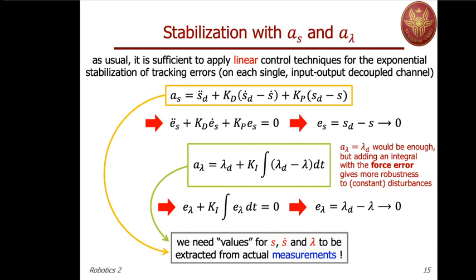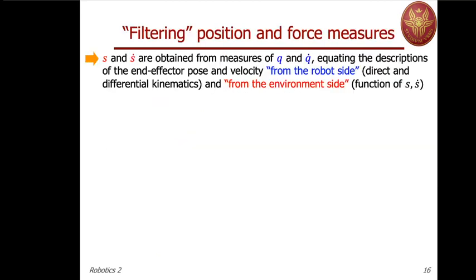So from these quantities, we should extract the actual values of S, S dot, and lambda. And by doing this, we will also filter out all the components that are not consistent with the geometric model, the ideal model of the interaction. How do we do this?